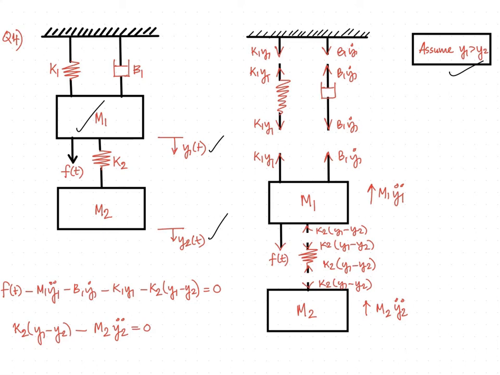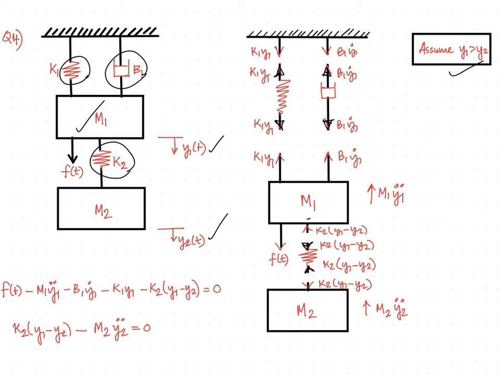Since y1 is greater than y2, the force acting on the spring K2 will be a compressive force, whereas the force acting on K1 and B1 will be tension. So keeping this in mind, we can first mark the compressions and tensions in the springs and damper.